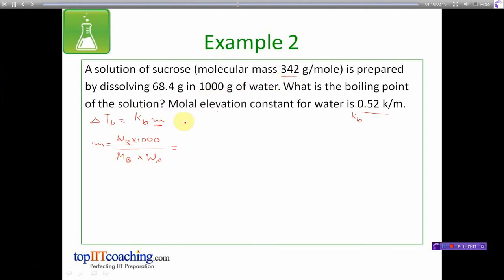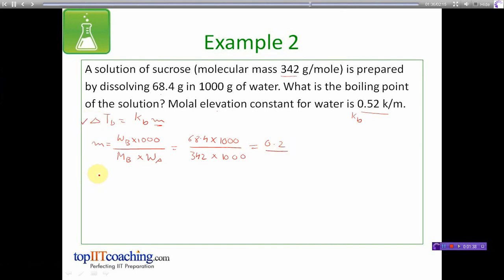Molecular weight of the solute is also given to us, that is 342, and weight of the solvent is also given to us, that is 1000. So on substituting these values, we get 68.4 into 1000 divided by 342 into 1000. Answer is 0.2.